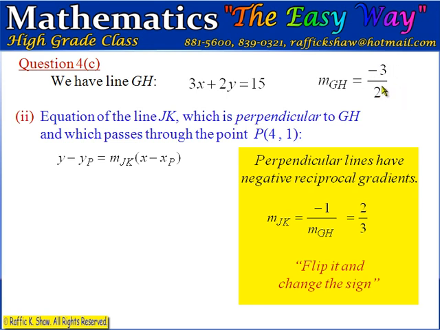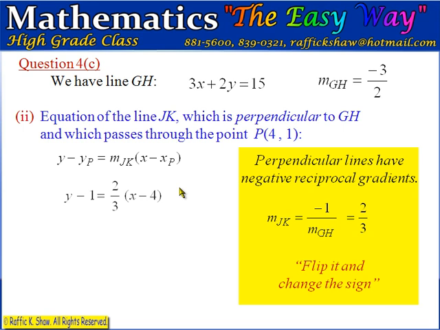That's it. Therefore the gradient of JK is 2 divided by 3, and this can now be placed right here for the gradient, along with YP, the Y value at the point, and XP, the X value at the point.